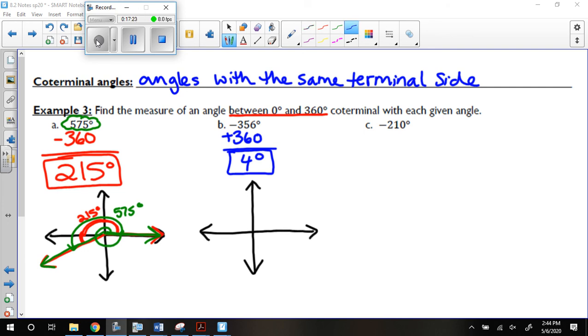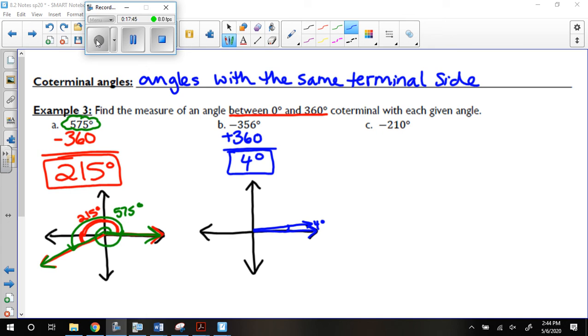All right, so our 4 degree angle is going to be 4 degrees above 0, so not far at all. It has the initial side on the positive x-axis, and it goes up here, and it's 4 degrees.